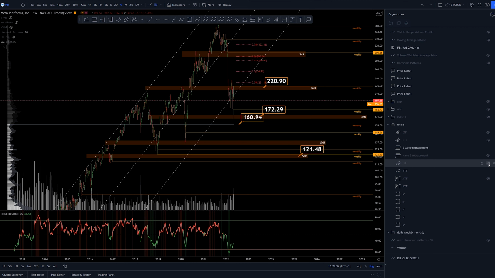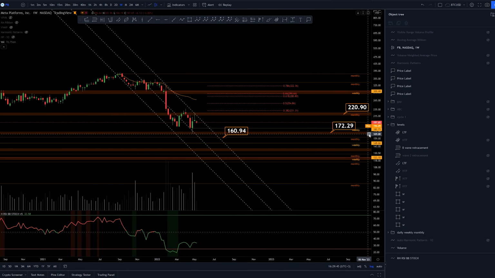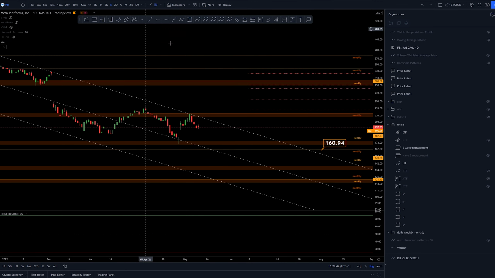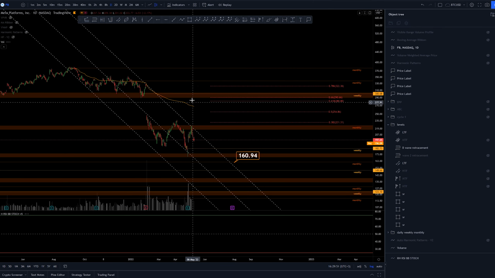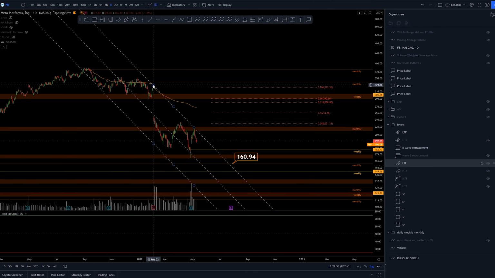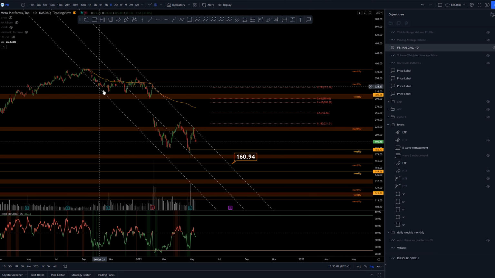Now on lower time frame, let's see what we can find. We basically have this channel here, again a best fit channel. We probably should go to daily so we can actually zoom in a bit. Best fit channel from the highs of February 2022 to May 2022 to around these lows here of October 2021.